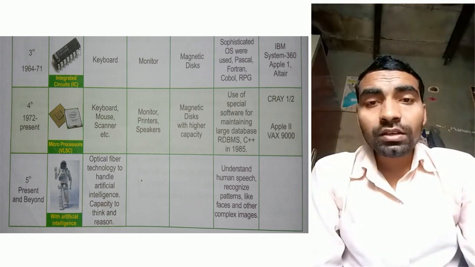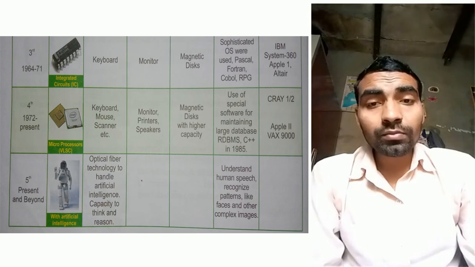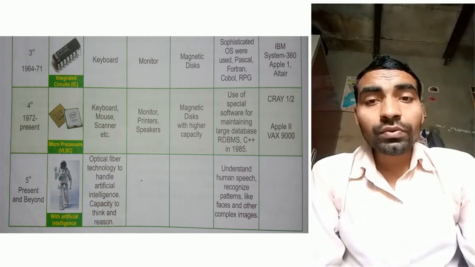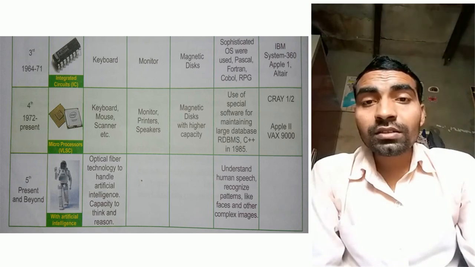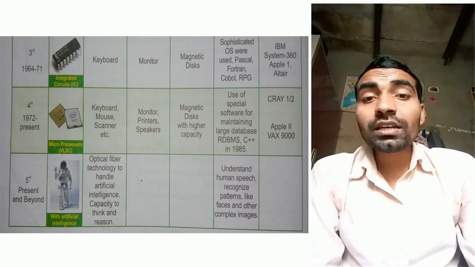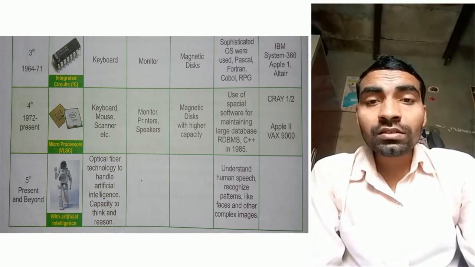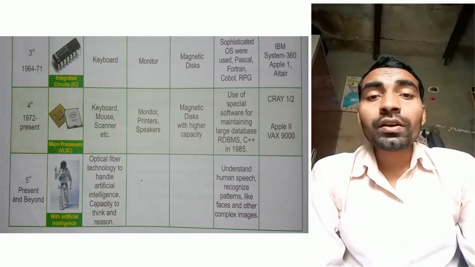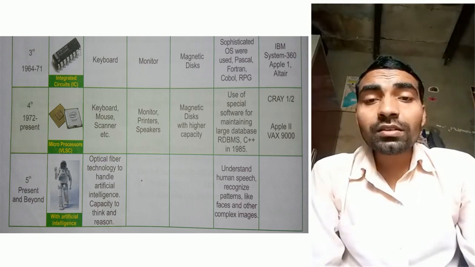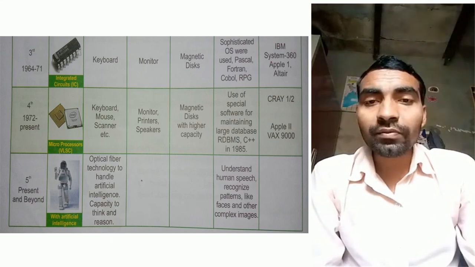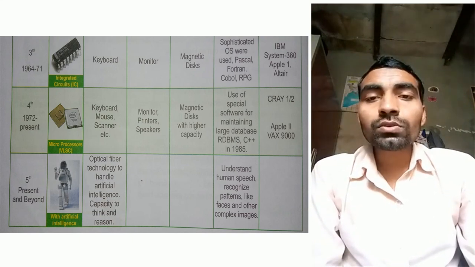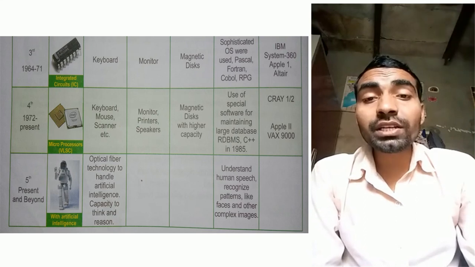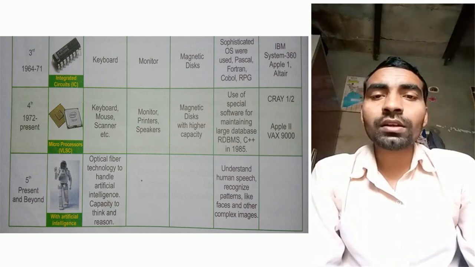Like today, in modern days, we use the Google Assistant. That is an example of artificial intelligence. Different mobile handsets and smartphones are there with artificial intelligence technology. So you can say it is the fifth generation of computer.